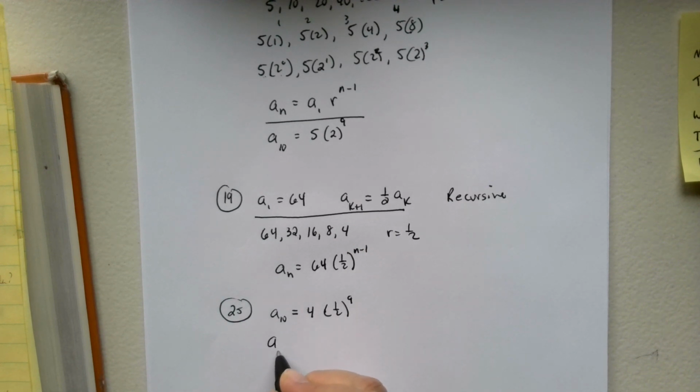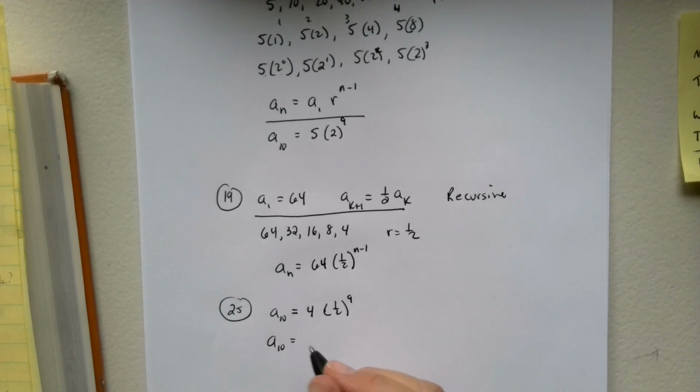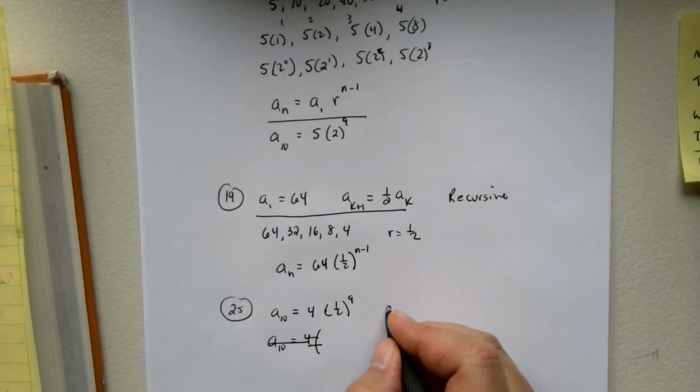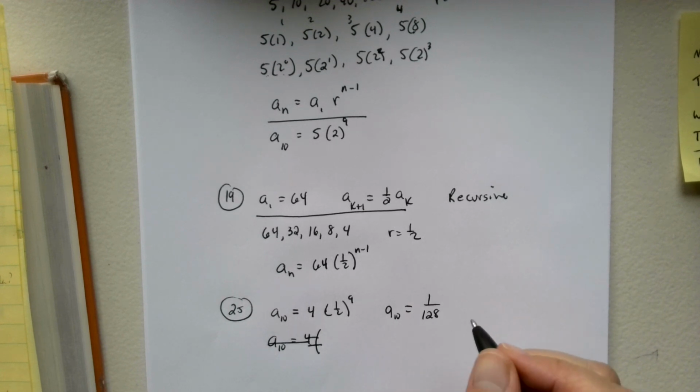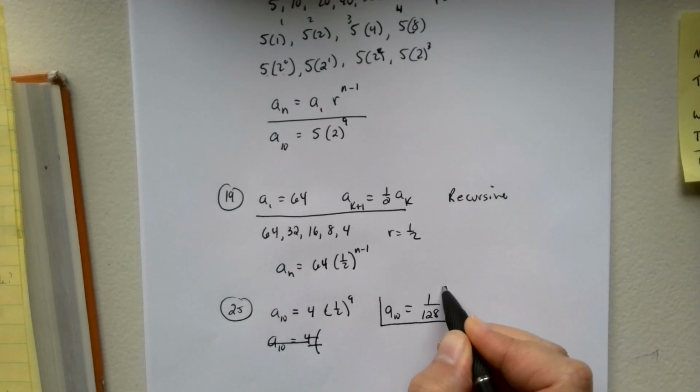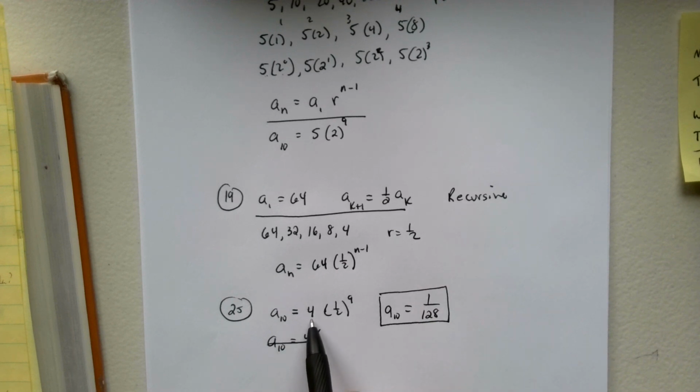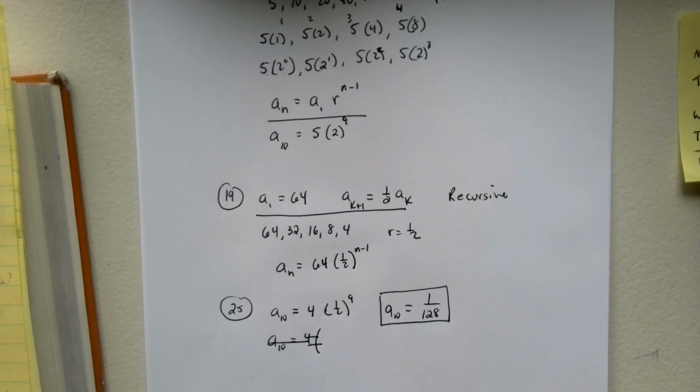So our 10th term is going to be 4 times 1/2 to the 9th power. And again, I've lost my calculator over here, but I do have the answer, which is 1 over 128. So the 10th term of the geometric sequence that starts with the number 4 and has the common ratio of 1/2 would be 1 over 128.